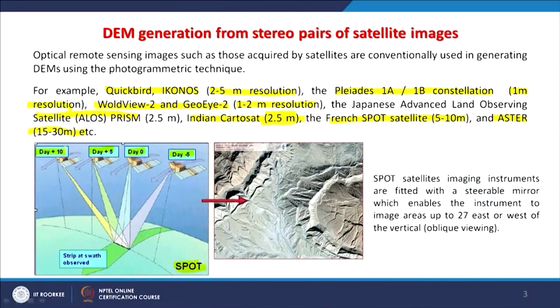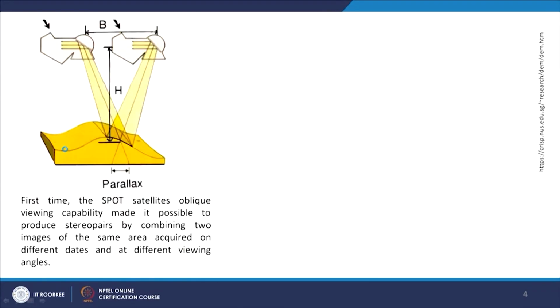And once you have good stereo pairs without any cloud cover differences between the two photographs, it becomes much easier to generate a digital elevation model. And this is what you are seeing on the right side: this is how digital elevation models can be generated employing this technique.